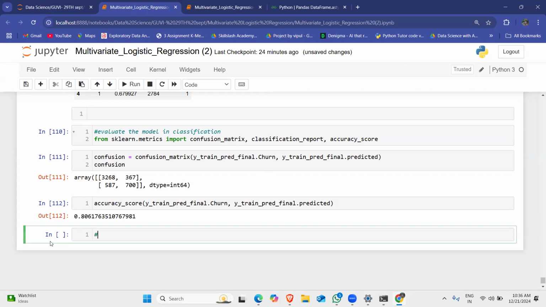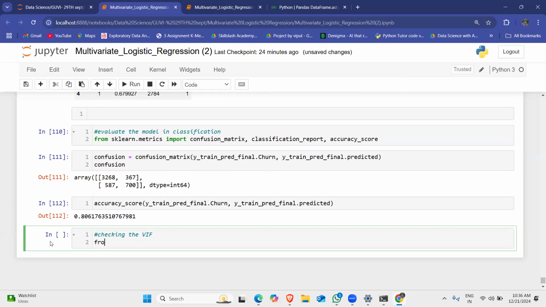Now we need to check the VIF score. So from statsmodels.stats.outliers_influence, I'm going to import variance_inflation_factor, right?